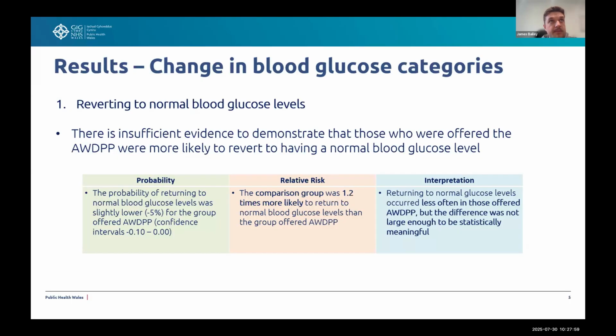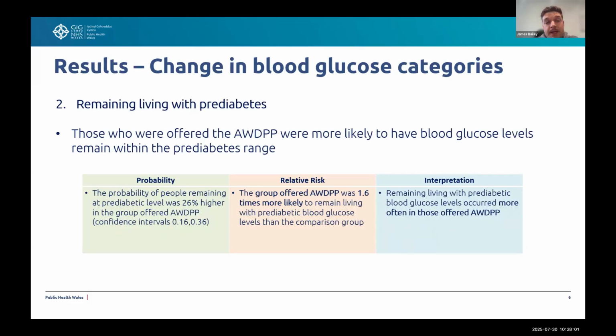Then looking at remaining with pre-diabetes at follow-up, those who were offered the AWDPP were significantly more likely to remain within the pre-diabetic range. As such, those who were offered the AWDPP were 26% more probable to remain within pre-diabetes in comparison to those in the comparison group, where those in the comparison group would have just received care as usual.